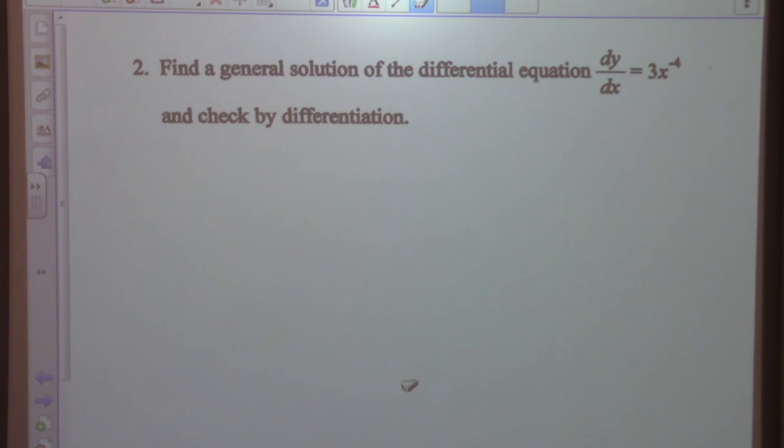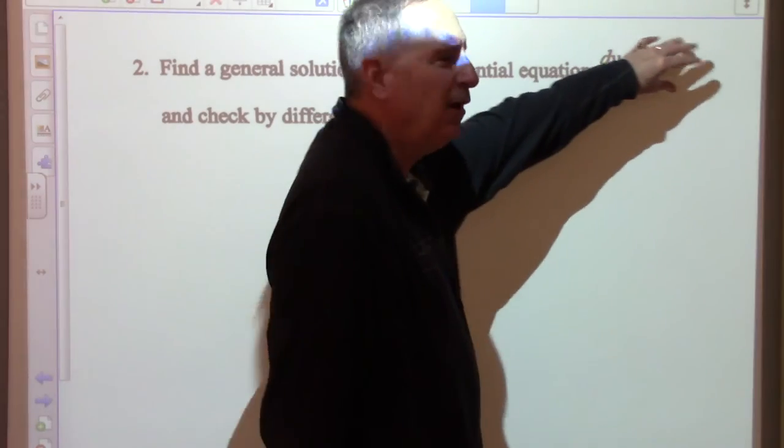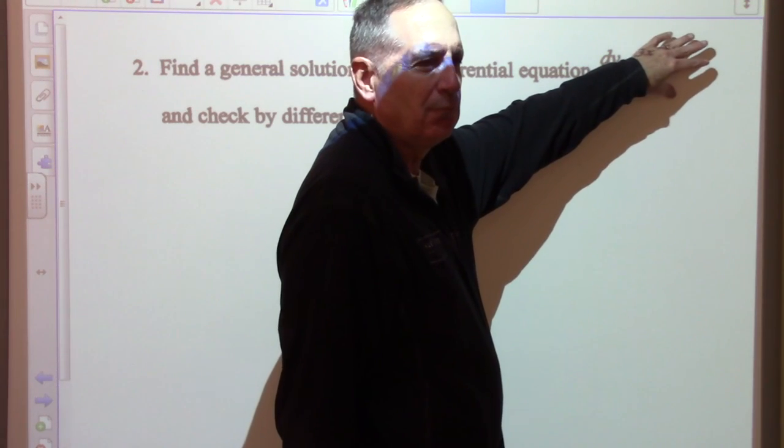Find the general solution and see if you can figure it out. Find out what you'd have to get here whose derivative is equal to this.